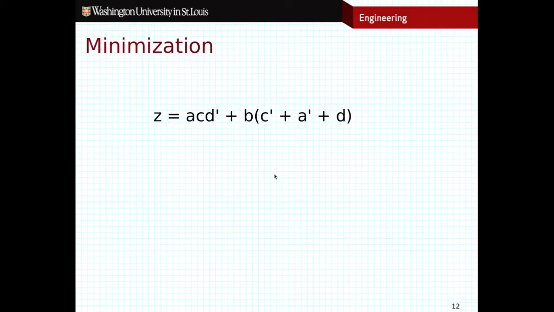Well, we also proved in class last Thursday that De Morgan's law can apply to more than just two values. It can apply to any values that I would like. So I can actually apply De Morgan's law to this set of three values here, this set of three terms, which gives me this. A, C, D naught, not, right?